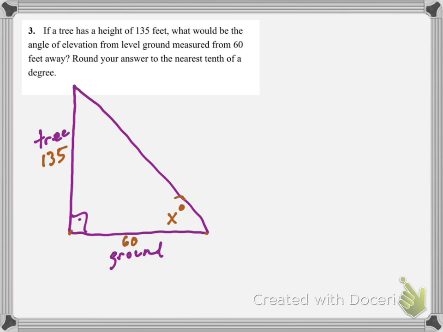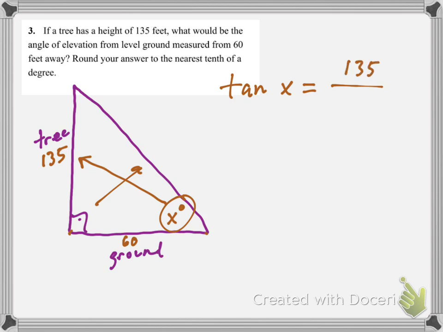Well, here's X. Hypotenuse is blank. Automatic tangent. Okay. X is the angle measure. So 135 is across from X. And 60 is adjacent. So now, since we're finding the angle, we do the inverse tangent of 135 divided by 60.